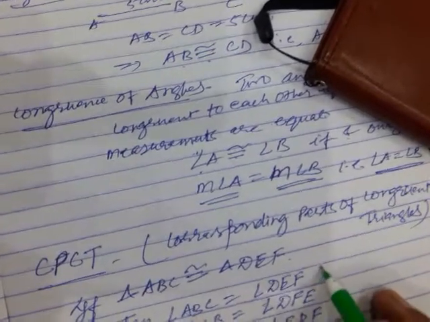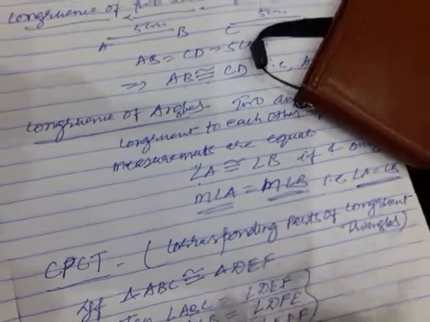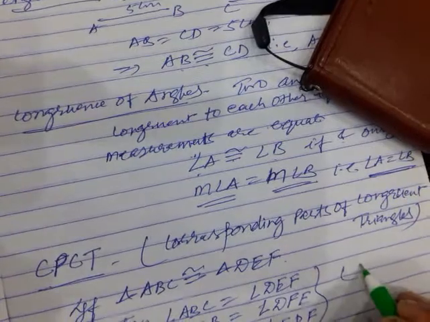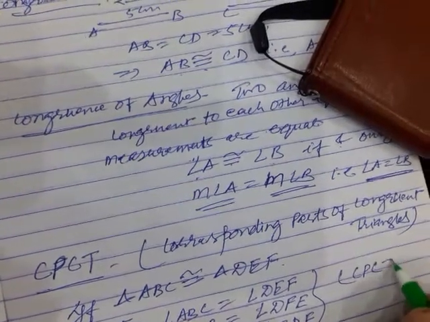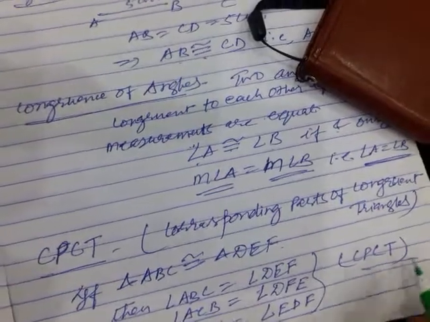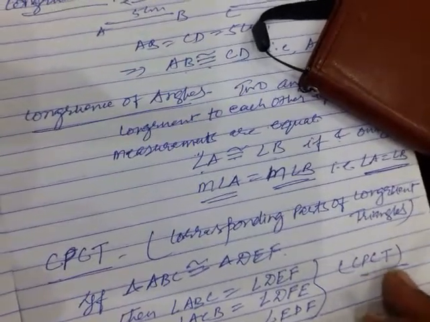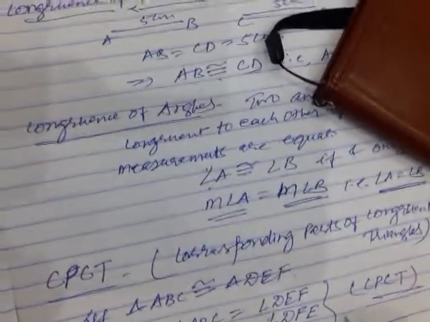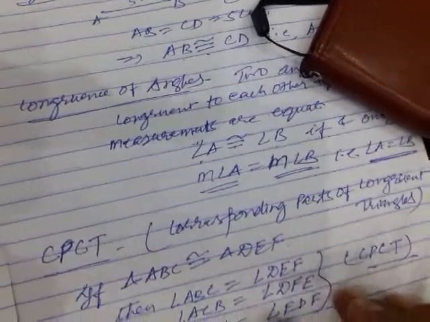Why are such statements written? Because this is called CPCT. This property of two congruent triangles is known as CPCT: corresponding parts of congruent triangles are equal. Similarly, corresponding sides and corresponding angles are equal.